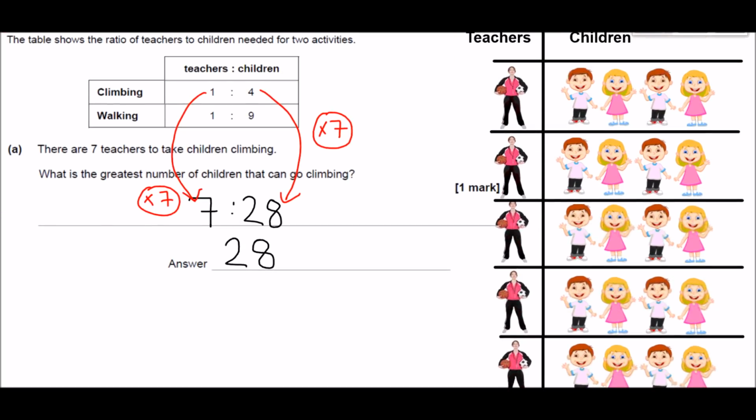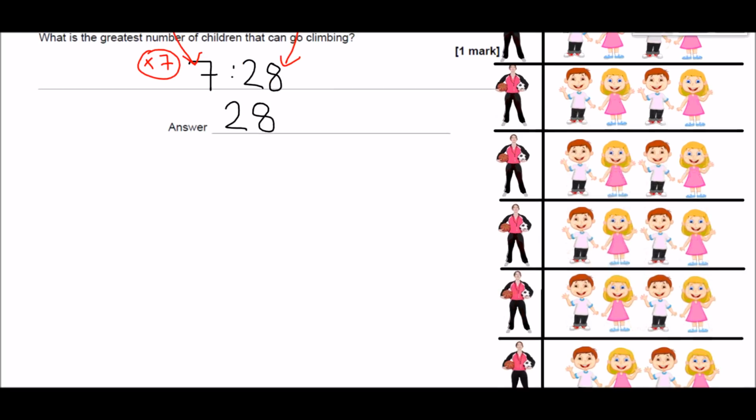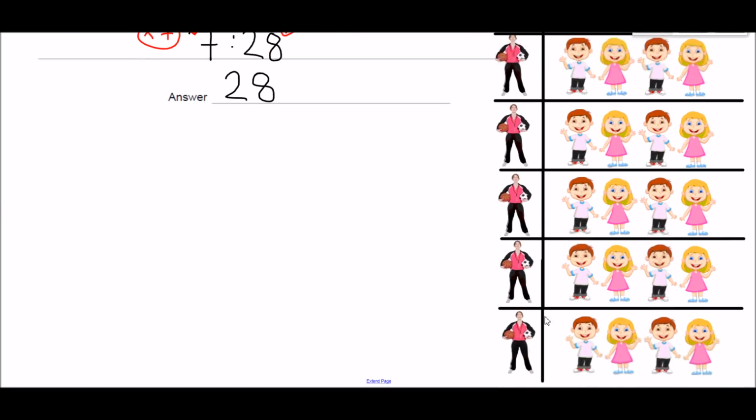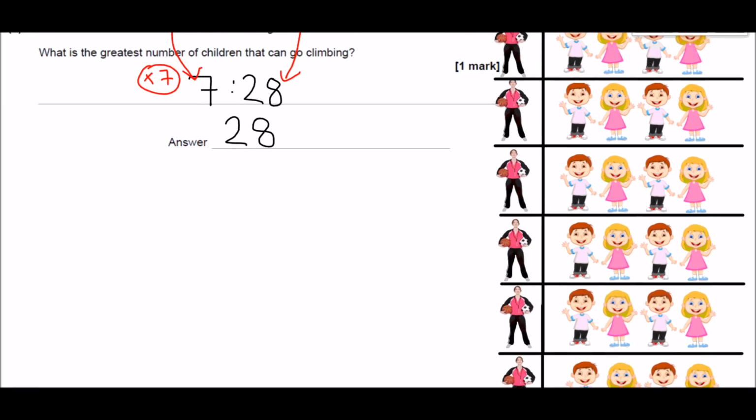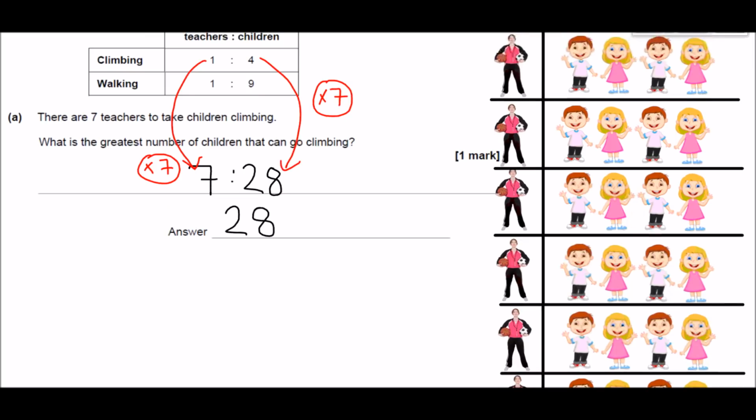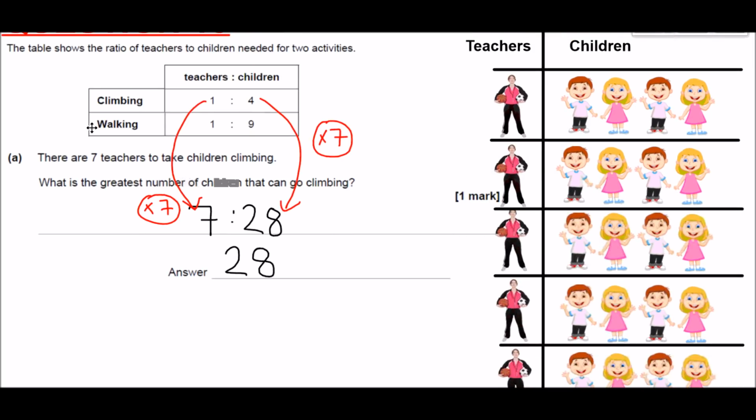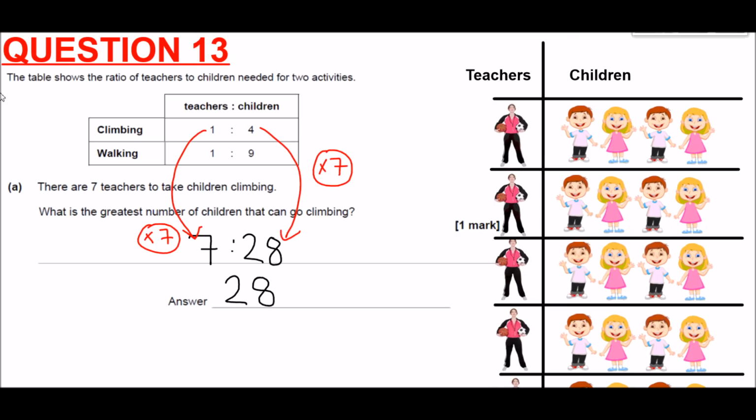So we've got 7 teachers, each one with 4 children. That's 4 lots of 7. Sorry, it's 7 lots of 4, I should say. 4, 8, 12, 16, 20, 24, 28. So we could look after 28 children altogether.